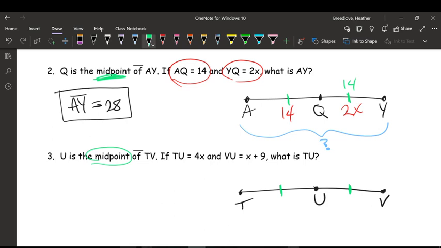All right, what's next? TU is 4x. Right, T to U, that's 4x. VU is x plus 9. Okay? What is TU?